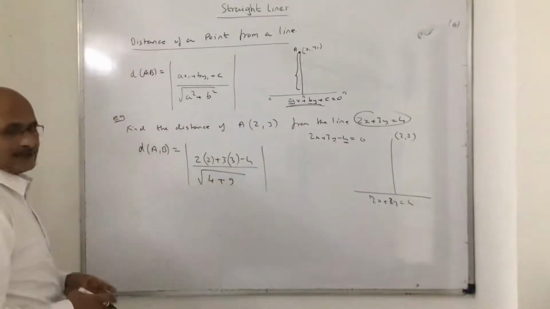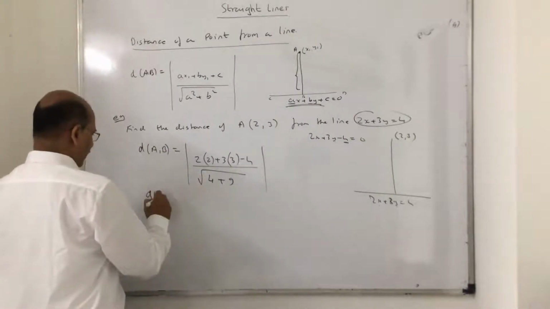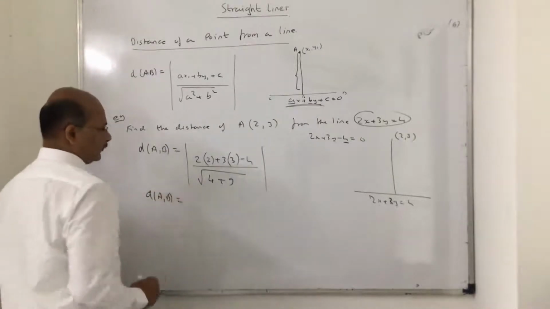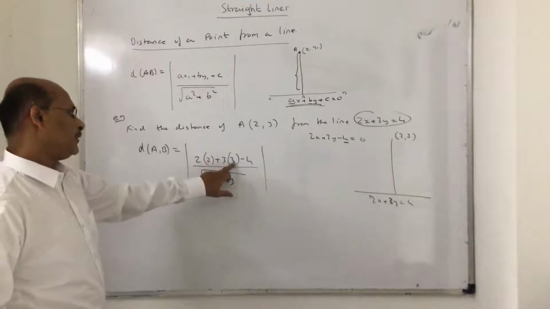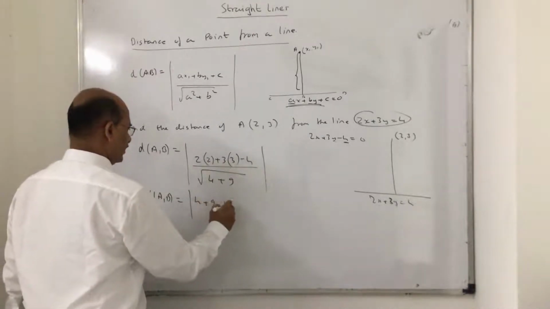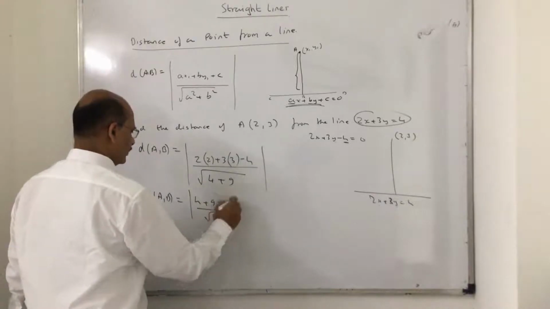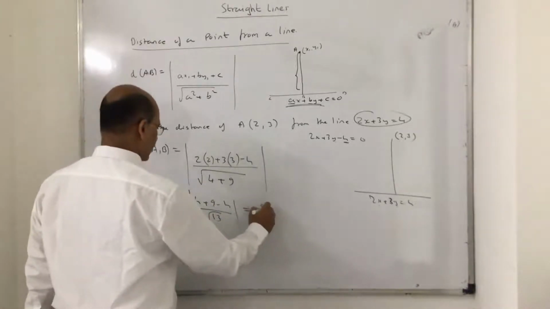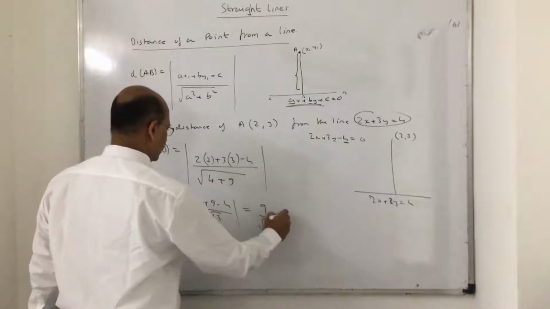So for distance AB, it is 2 times 2, 4, plus 9, minus 4, divided by square root of 13. So it is eventually 9 upon square root of 13 units.